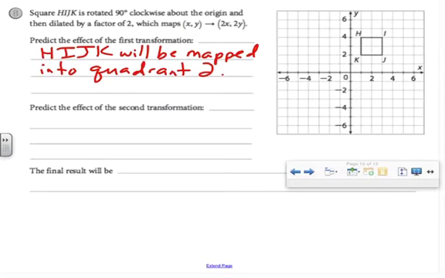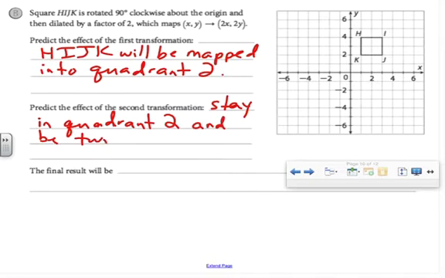The second transformation is to dilate it by a factor of 2. So the effect of that transformation is it's going to stay in quadrant 2, and be twice as big, or twice the size of HIJK.